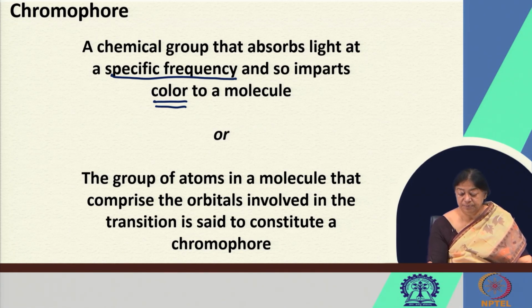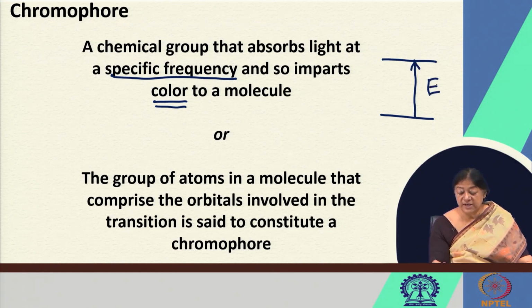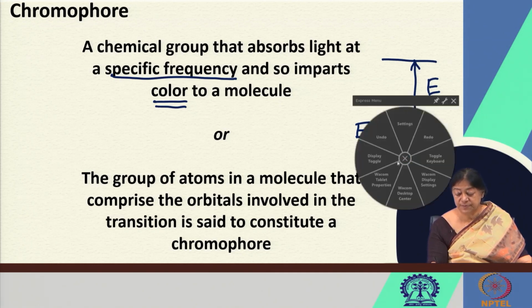So, what do we mean? In general terms, if we have two energy levels, we are going to have a transition. This transition is going to correspond to a specific energy. This energy we know is related to the wavelength by the following expression.